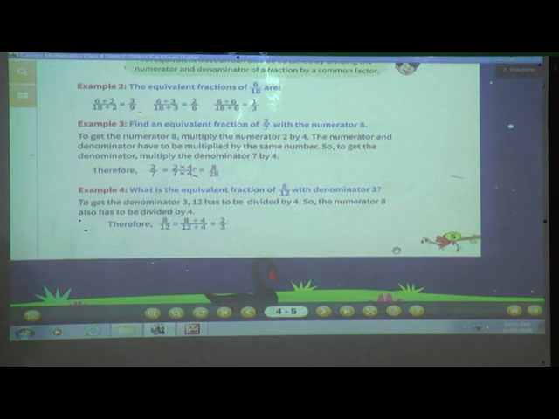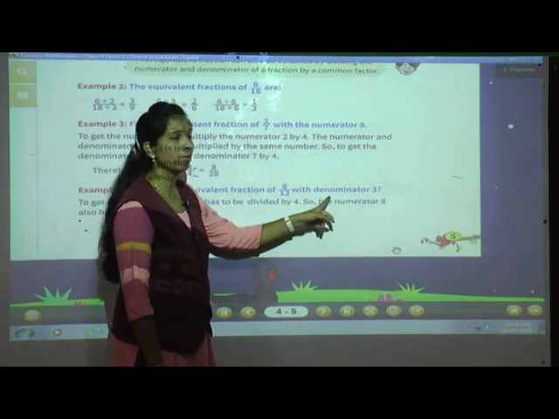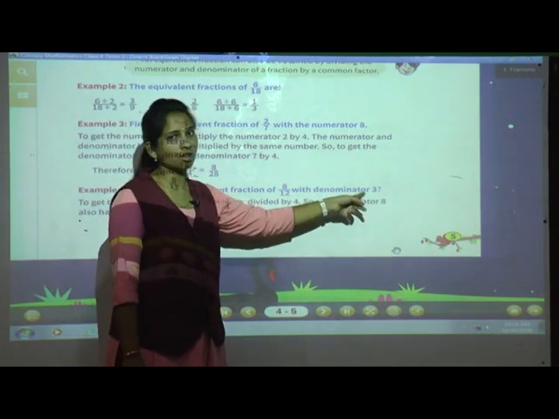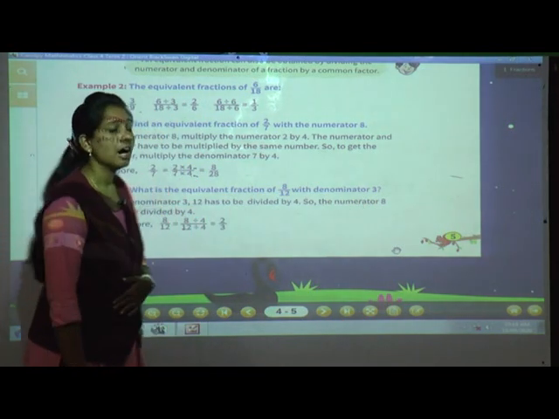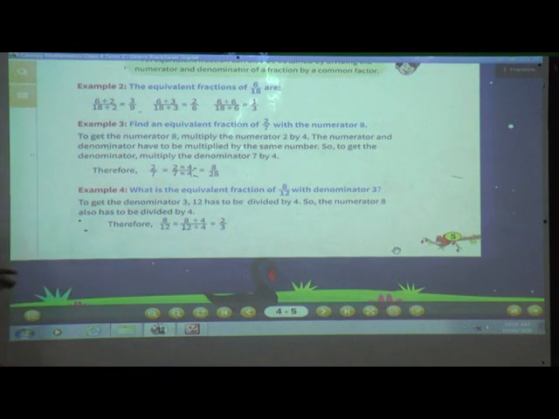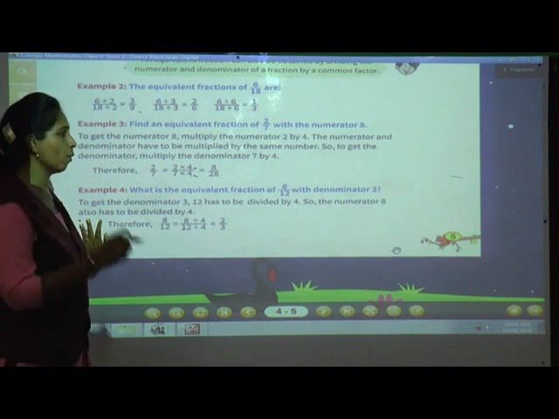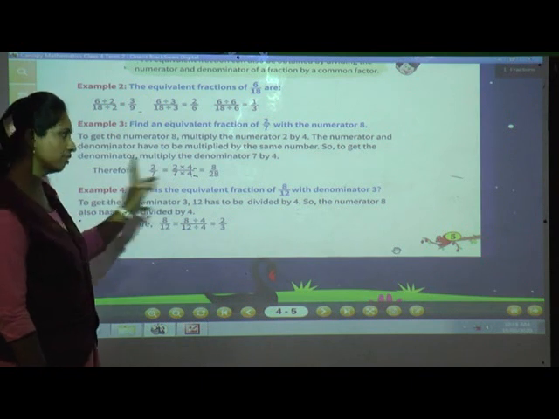Now example number 4. What is the equivalent fraction of 8 by 12 with the denominator 3? See, here is the greater number and here is the smaller number. So here 3 should come. To get the denominator 3, 12 has to be divided by 4, because 12 divided by 4 gives 3.